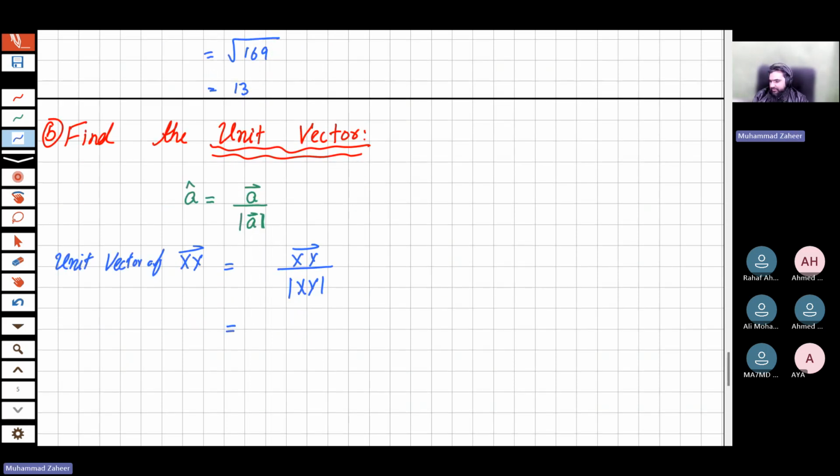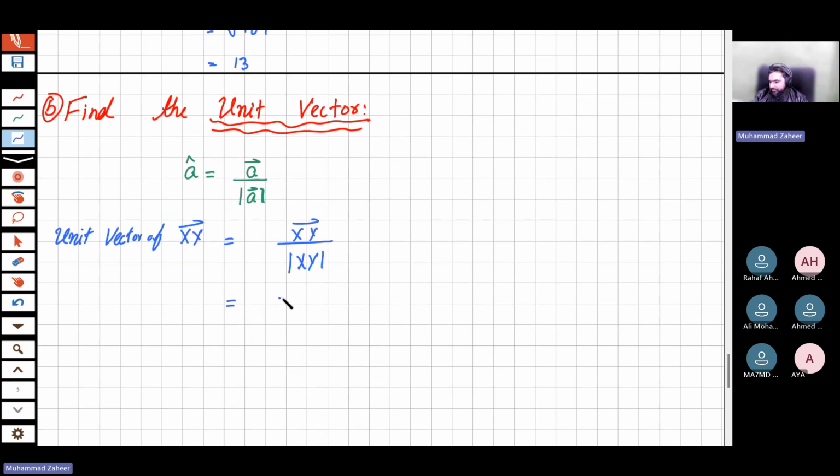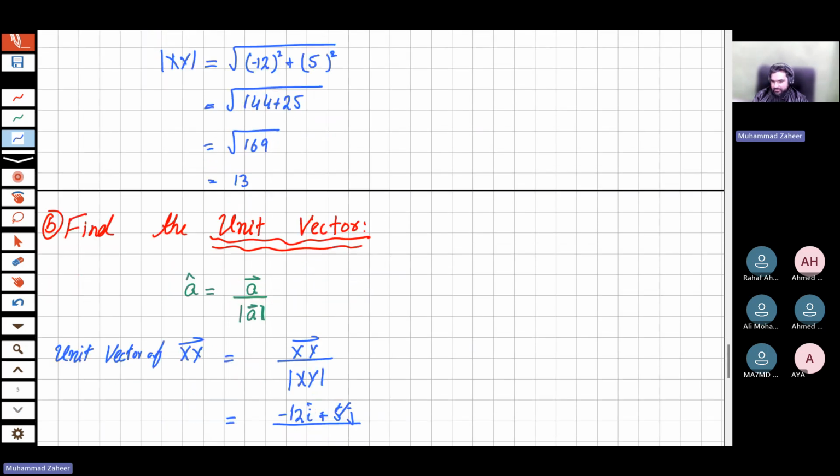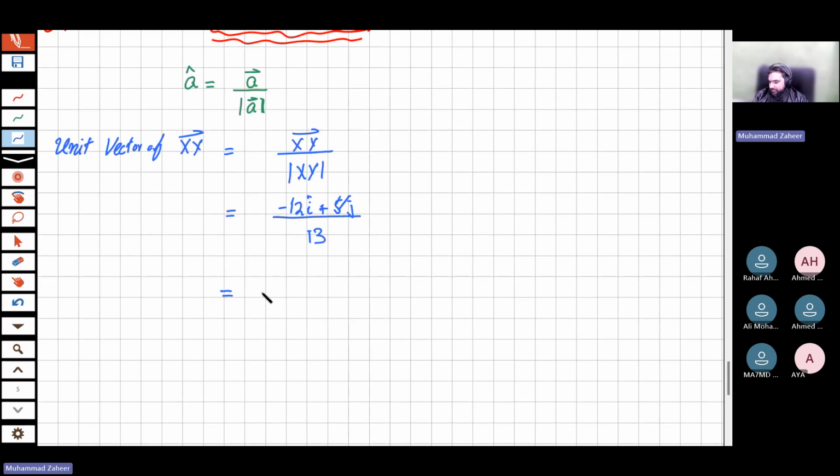So the vector we have, we have to write into the form minus 12i plus 5j divided by the magnitude. The magnitude we already found, that is 13. So I'm going to get the vector minus 12 divided by 13 i plus 5 divided by 13 j. This is the unit vector of xy.